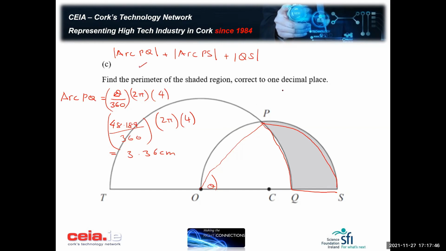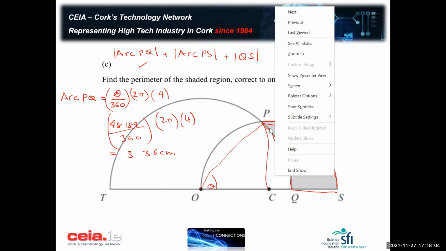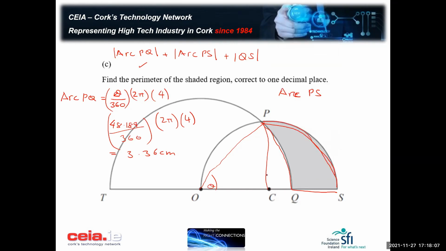Okay, so we know that guy. And then arc PS. So this is an arc now of the smaller semicircle. So it's like the length of the arc with C as its center. So that's the angle PCS over 360 by 2 pi by 3.